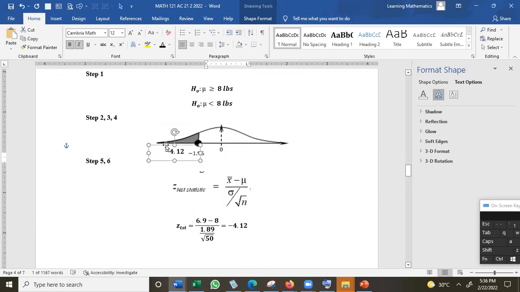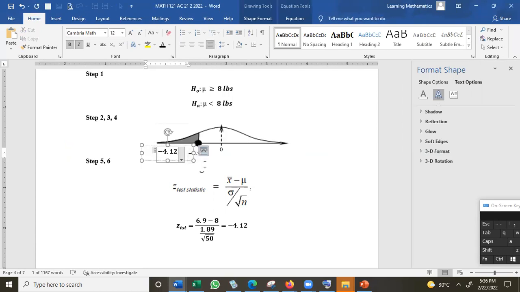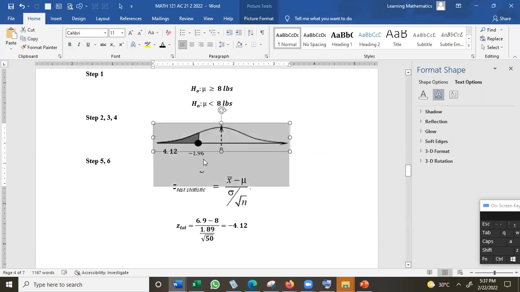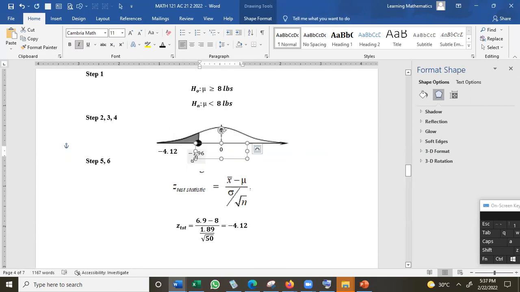It is going to come right there, because negative 4, anywhere there, it doesn't matter. The critical value will be right on the critical point. That's where it has to stay.